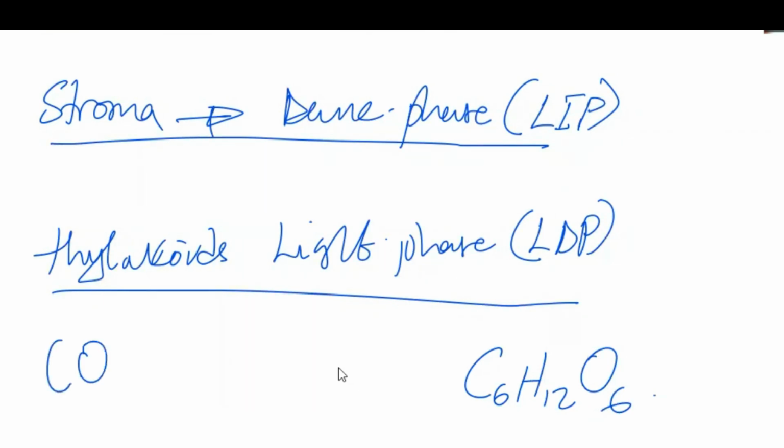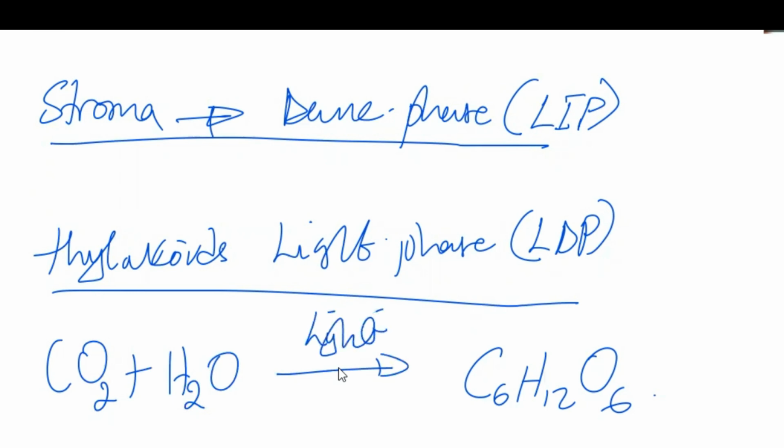You require carbon dioxide plus H2O, water, and it must be in the presence of light. Light must be there, and then you produce carbohydrates, which is glucose in this case. Remember, glucose is a carbohydrate, a monosaccharide. Plus the oxygen.